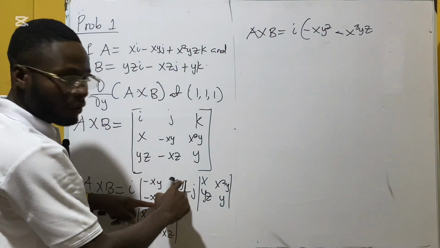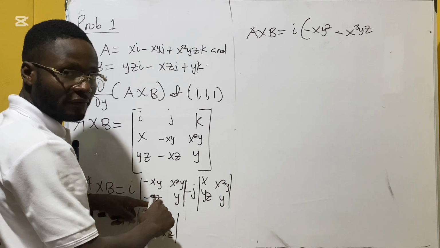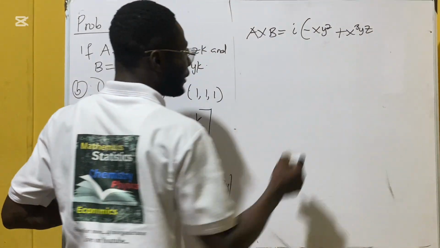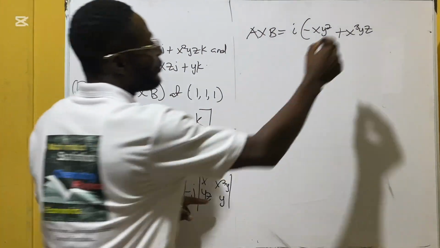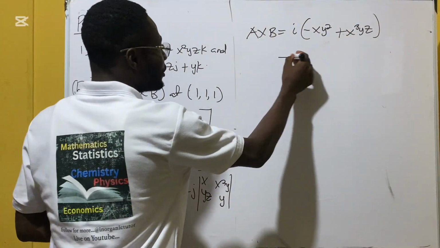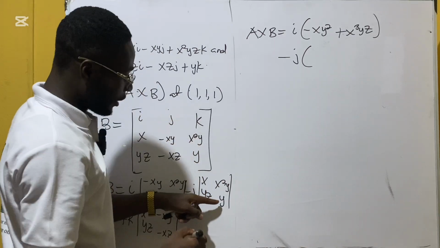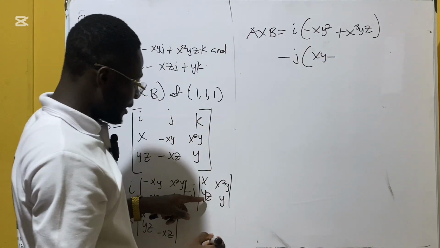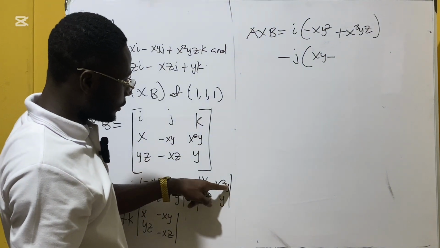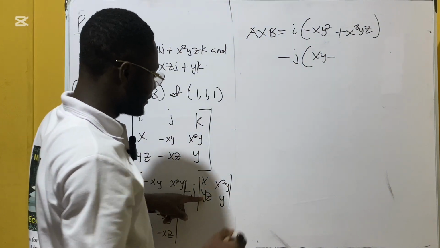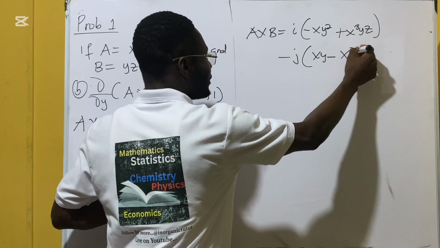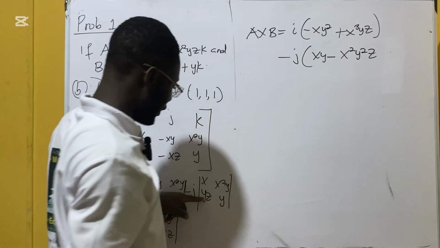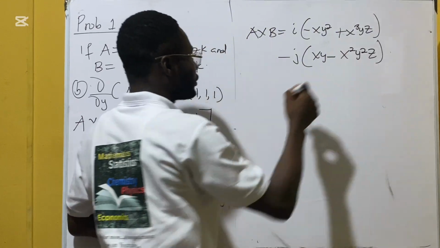But on the off diagonal, we have a negative affecting it, so negative is going to be plus, right? Then we are done with that. Let's go to the j. Minus j into x times y is xy, minus x squared y times yz is x squared y squared z. Okay, so we are done with the j section.